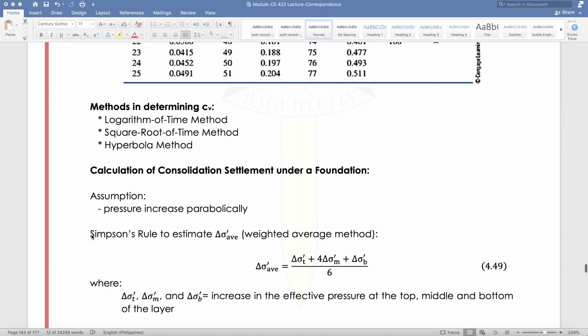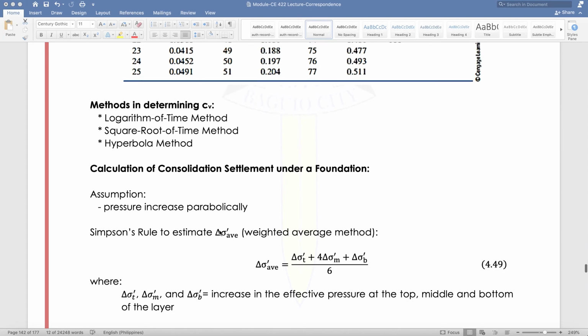Okay, and according to Simpson's rule to estimate the average increase in effective pressure, delta sigma prime average is equivalent to the increase in effective pressure at the top plus 4 times the effective pressure change in the middle plus the change in the effective pressure at the bottom, divided by 6, okay, to get the average increase in the effective pressure.